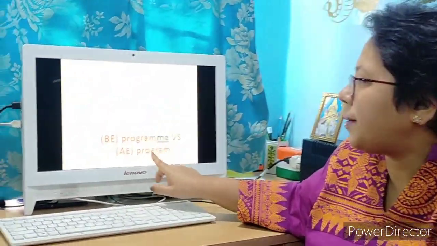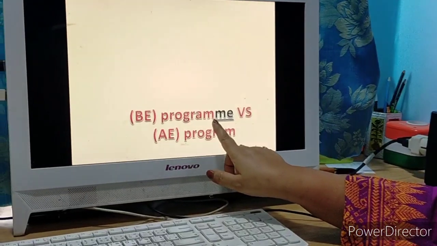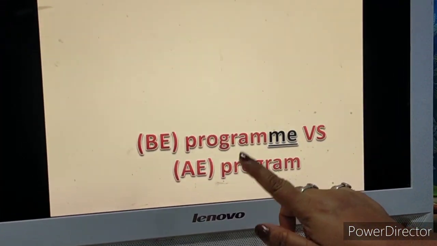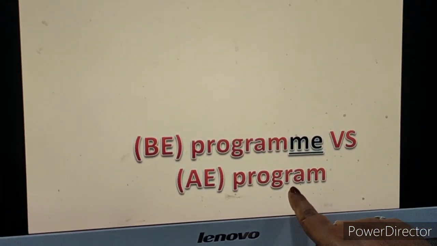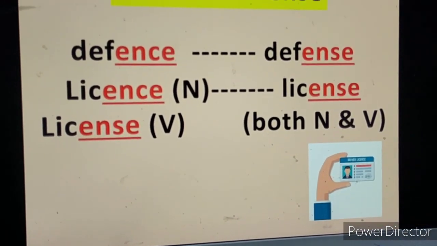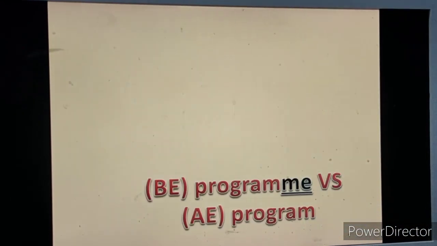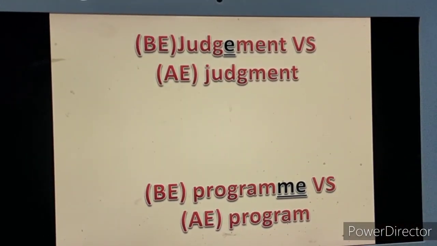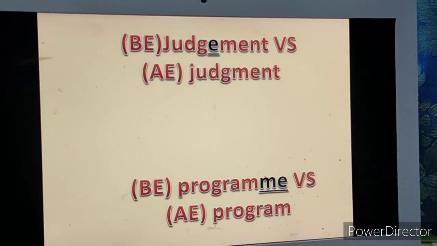Some words like this. The word program. P-R-O-G-R-A-M-M-E, in the British becomes P-R-O-G-R-A-M in American. Let's talk about some others also. Say the word judgment.